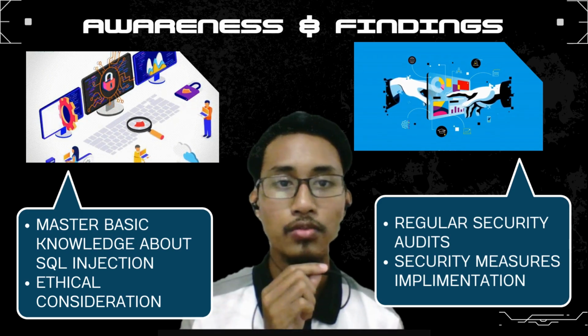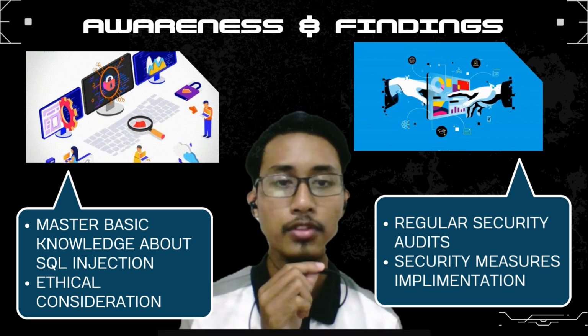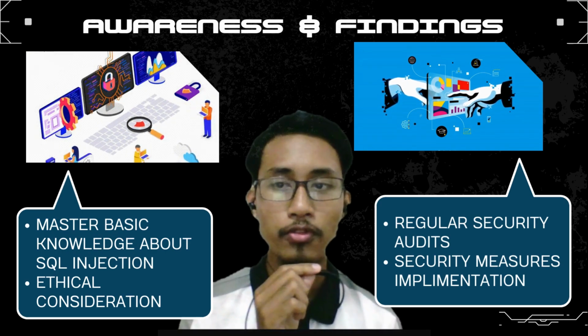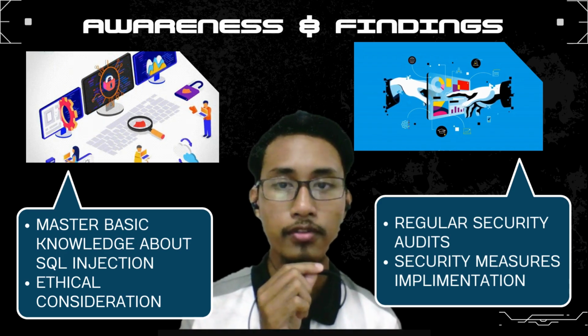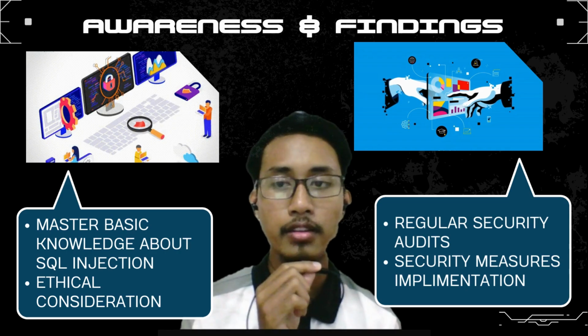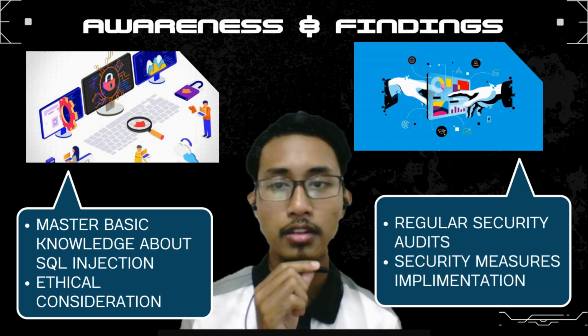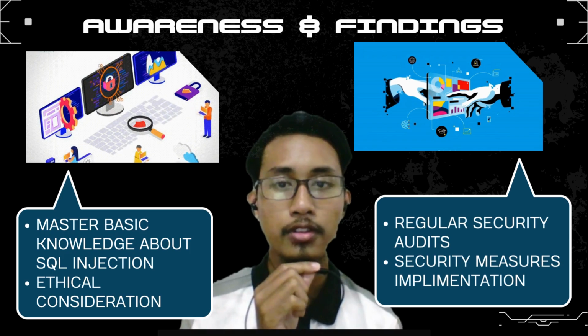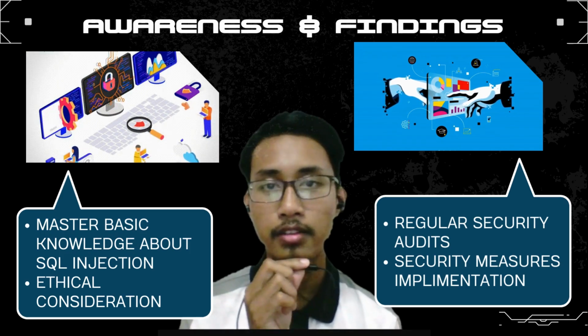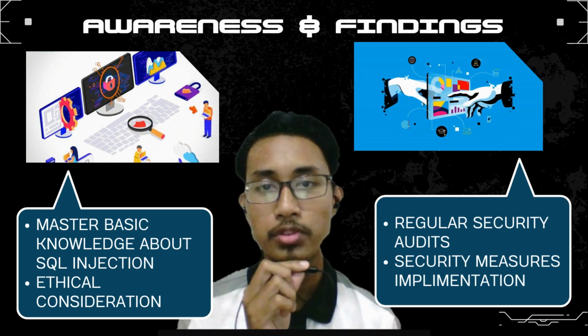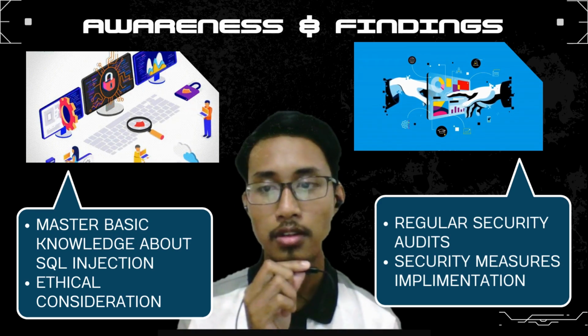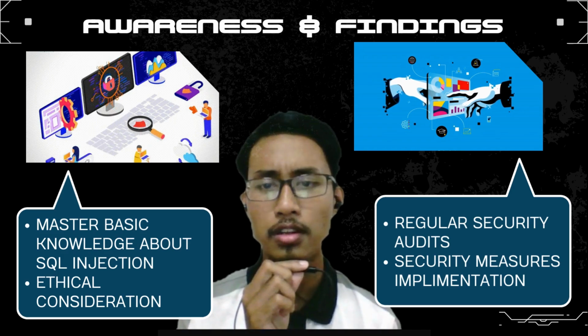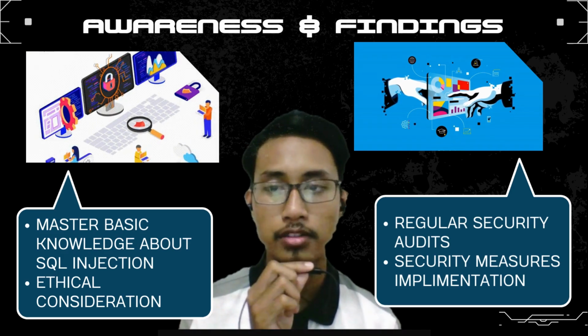The next one, we should have ethical consideration, because you should perform testing only on systems you have explicit permission to test, and report any vulnerabilities that you find and help the organization fix them. And then you should conduct regular security audits and pen tests to identify and fix vulnerabilities.